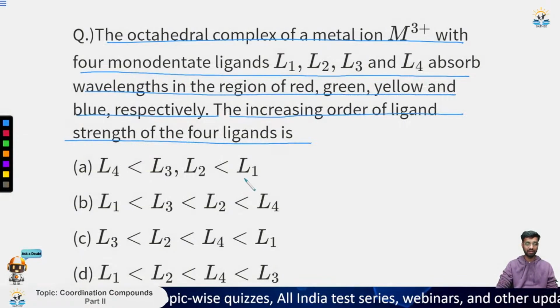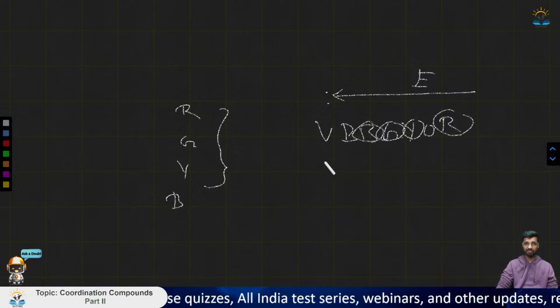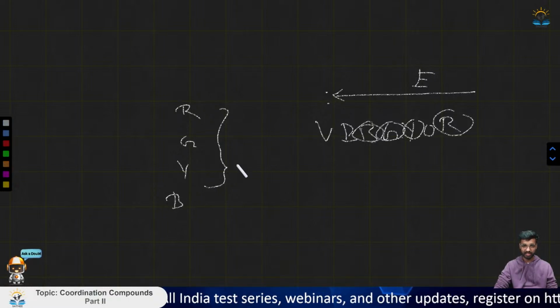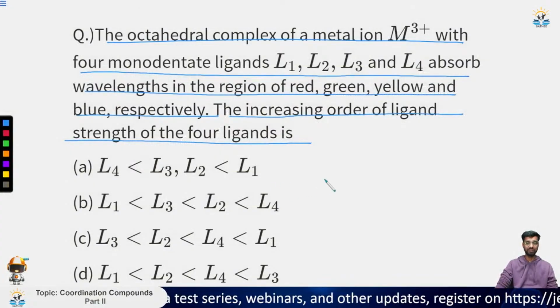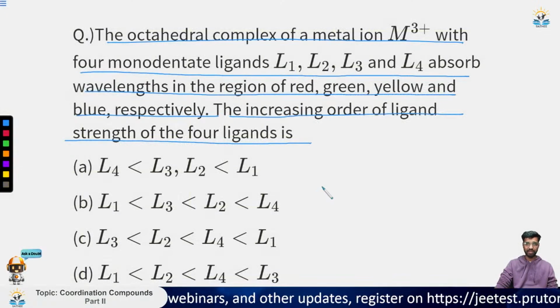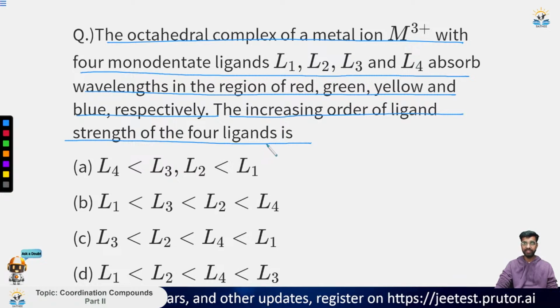Which will have the lowest energy and which the highest? This violet, or you can say blue, will have the highest energy. That means it will have the highest strength of the ligand.